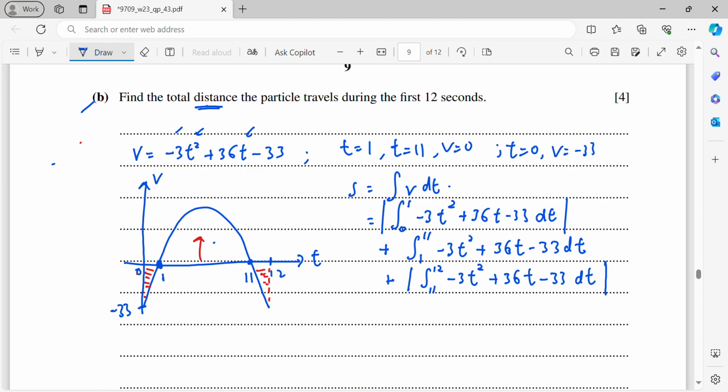Okay, so now for this integration, I will just write s equals to modulus of, when you integrate the first term, it is basically minus 3t cubed over 3. Then the second term is 36t squared over 2. Then the last term, 33t, now with limits 0 to 1. That's your first integration. The second integration will be the same, just copy. So just change the limits accordingly.